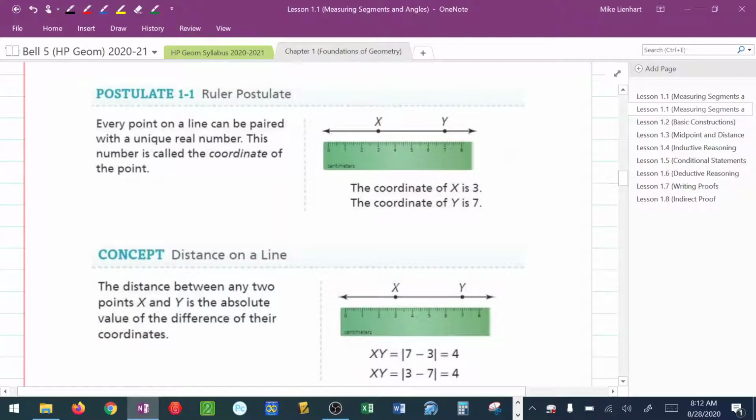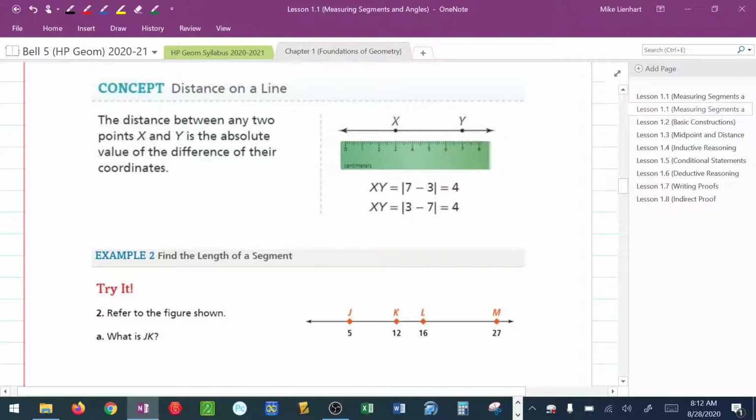This ruler postulate I described before simply says every point on a line can be paired with exactly one point. All right, each coordinate and each point correspond to each other. Now the distance on a line is the absolute value between the two coordinates that we are asked to find.